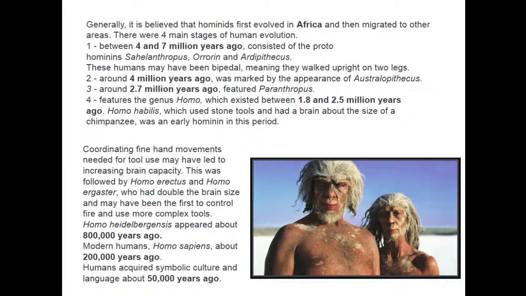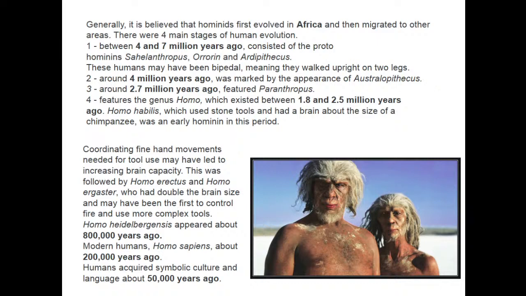And in this slide you can see information about the stages or periods of human evolution. Modern theory tells about the first migration process starting from Africa and then dispersal into other areas. This can be described in four stages.